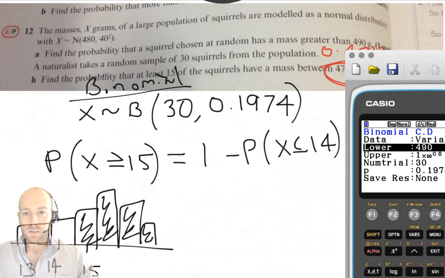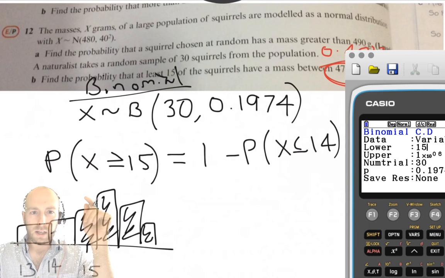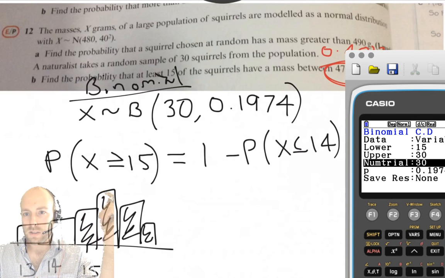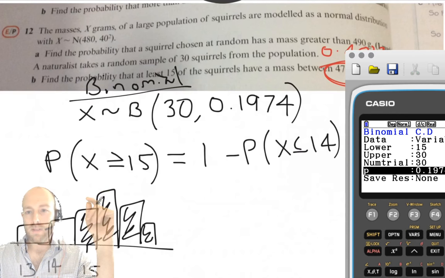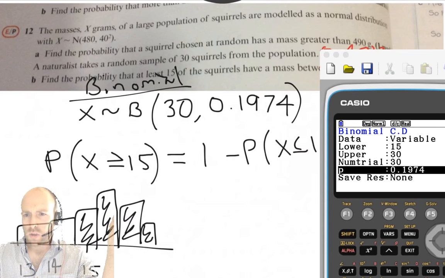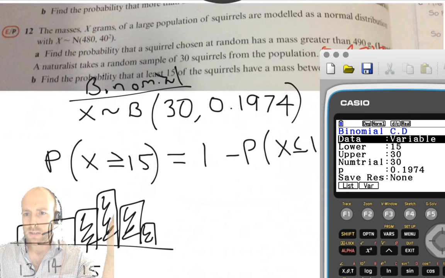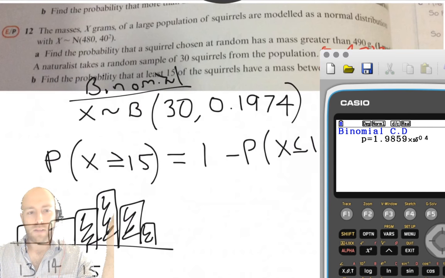Lower bound is going to be 15 because we want it to be greater than or equal to 15. Upper bound, well, how many squirrels we got? We got 30, so upper is 30. Number of trials, 30. Probability of success, this is what I did earlier today, 0.1974. So it's all set up there for me. Cool. Scroll down, hit execute, and there's our answer.